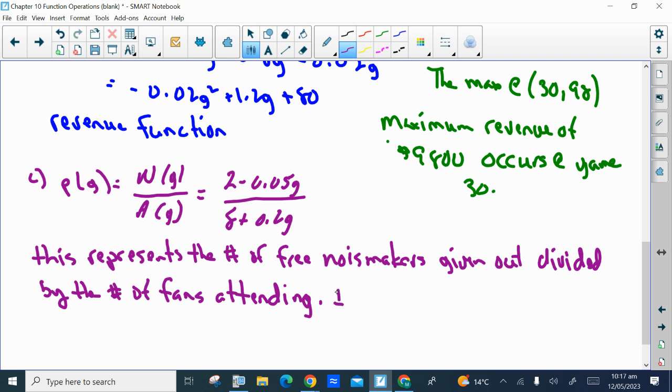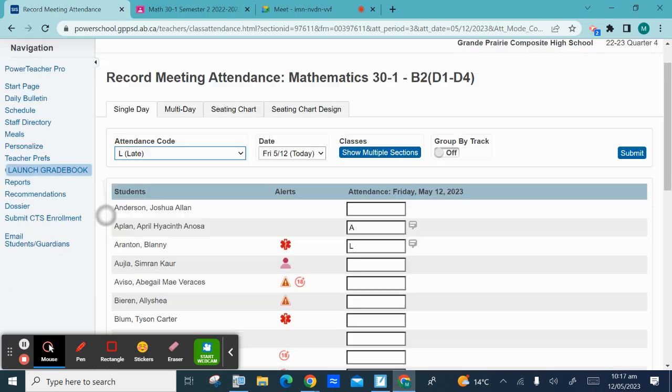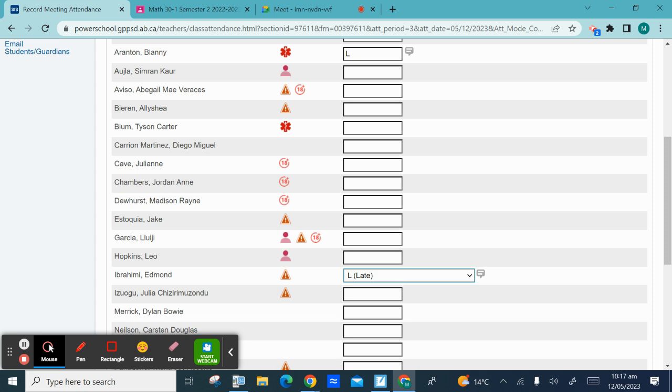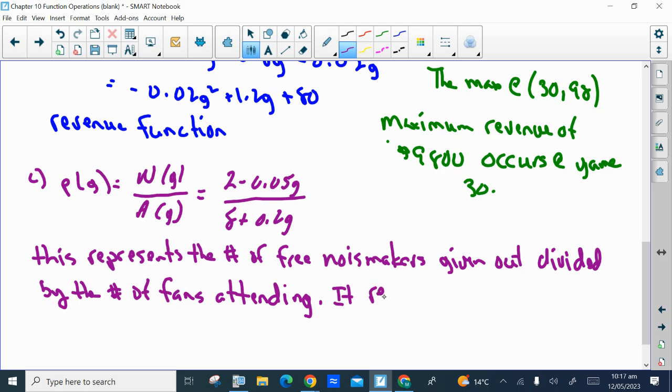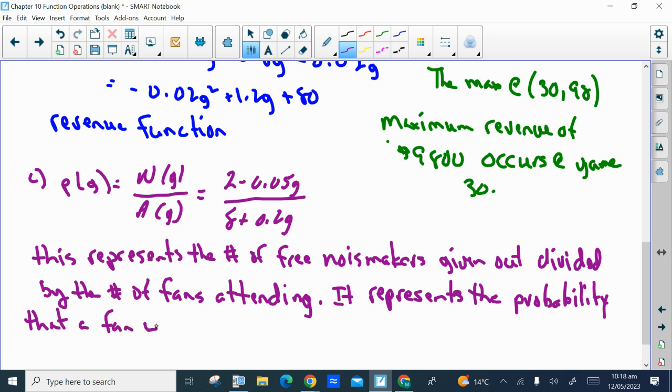It represents the probability that a fan will receive a noisemaker as a function of the number of games played.